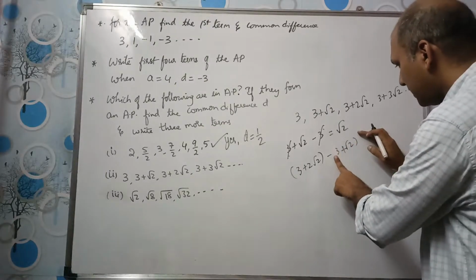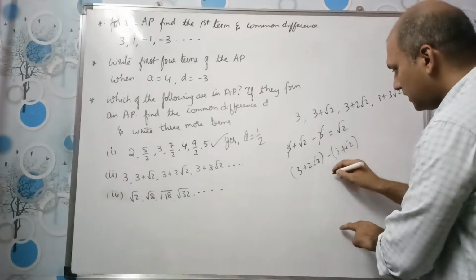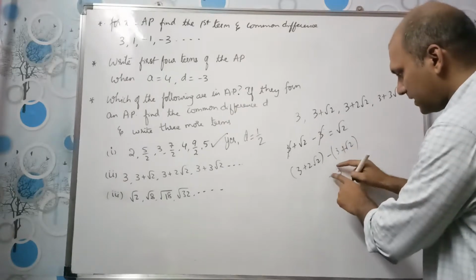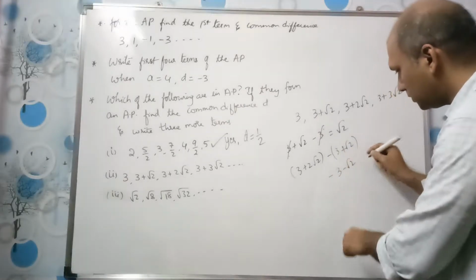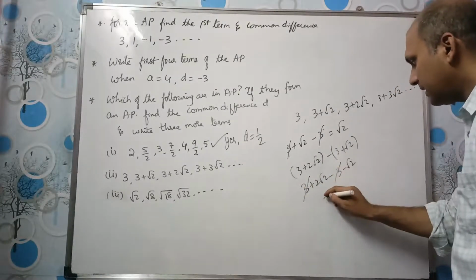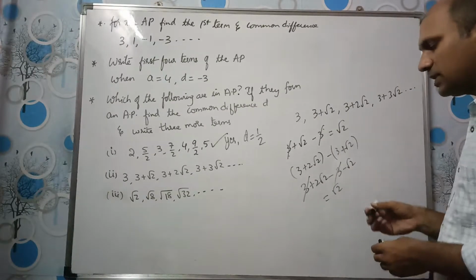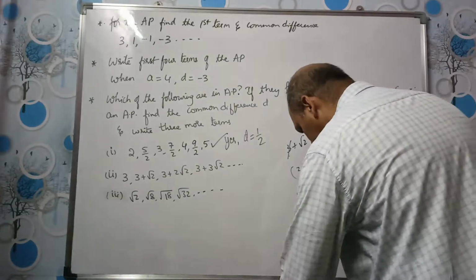Some students will forget to write the brackets and think this is minus 3 plus root 2. If you remove the brackets, this will become minus 3, this will become minus root 2. So don't make that mistake. So 3 and 3 will get cancelled. 2 root 2 minus root 2 is root 2. Here also the difference is root 2, right?